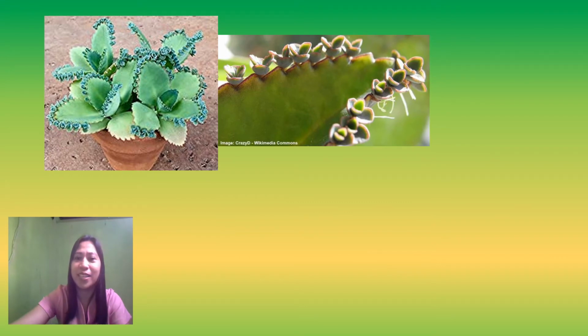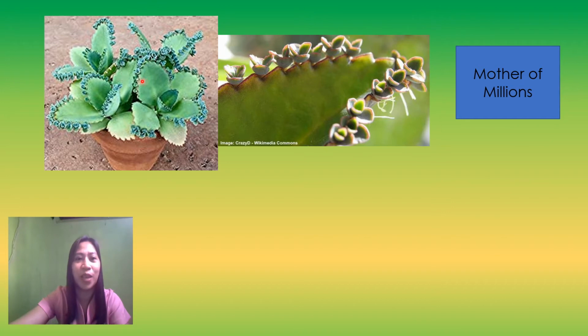Okay, mummies, are you familiar with this plant? All right. Its name is Mother of Millions. Why is it called Mother of Millions? Okay, let's look into it. Because when this plant multiplies, it grows its new babies at the edge of the plant.